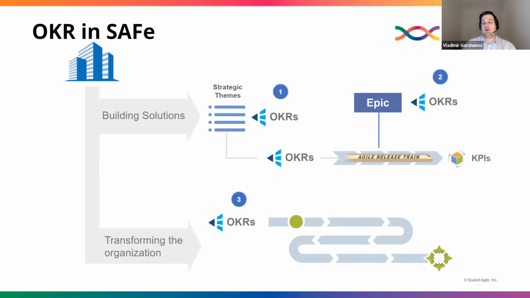Meanwhile, the more interesting area is that SAFe is promoting us to look at OKRs as the way to set up the goals for Agile transformation. Like transformation is a product.